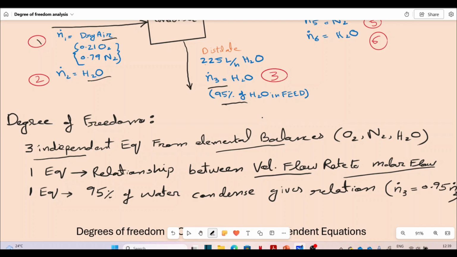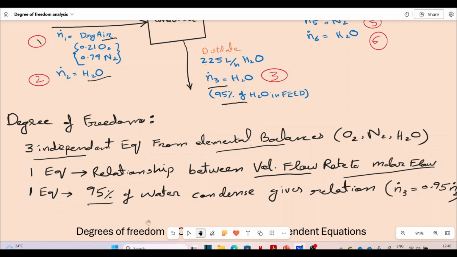So we have one equation from here, and another equation that can be written is the 95% of water. It is another relation between the condensate water stream coming out, that we are calling here distillate, and the water that is being fed into the condenser.